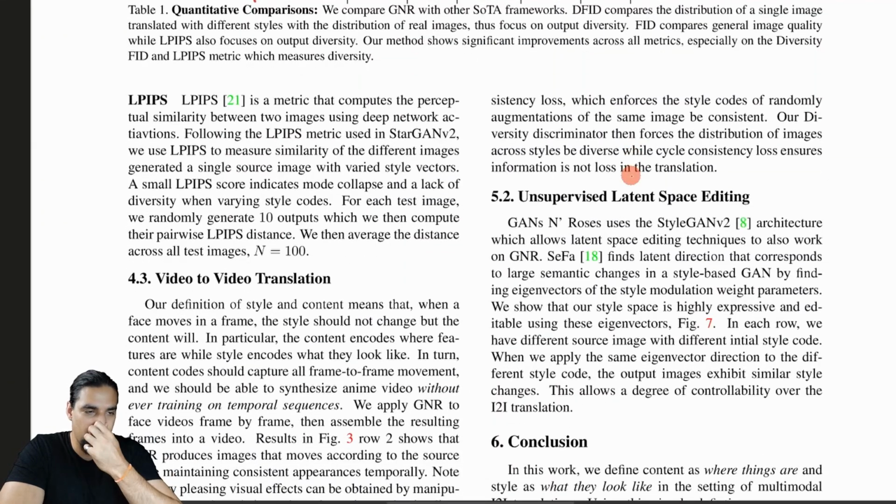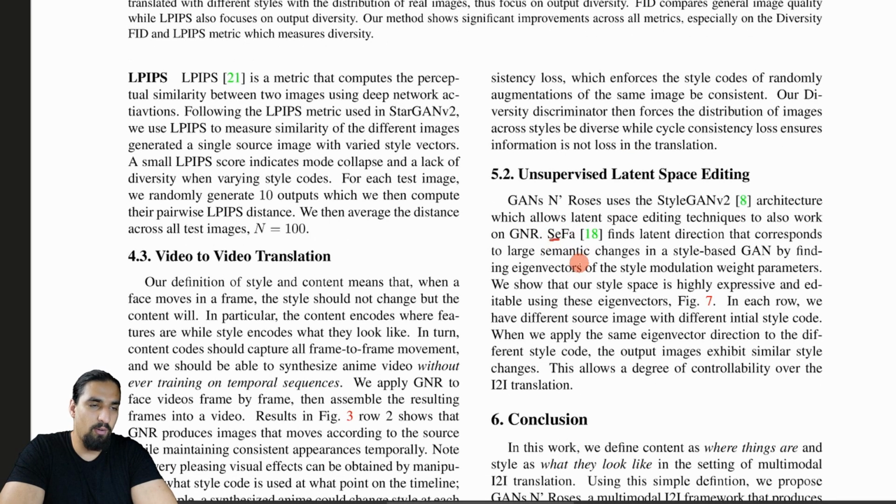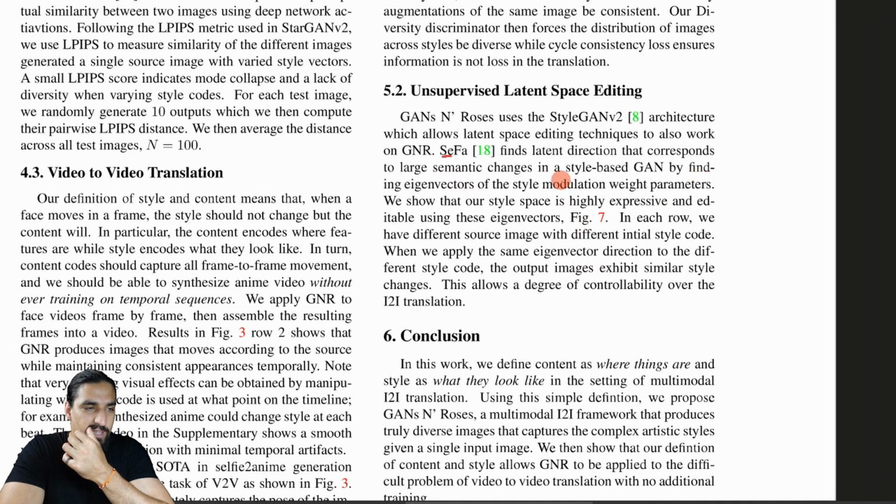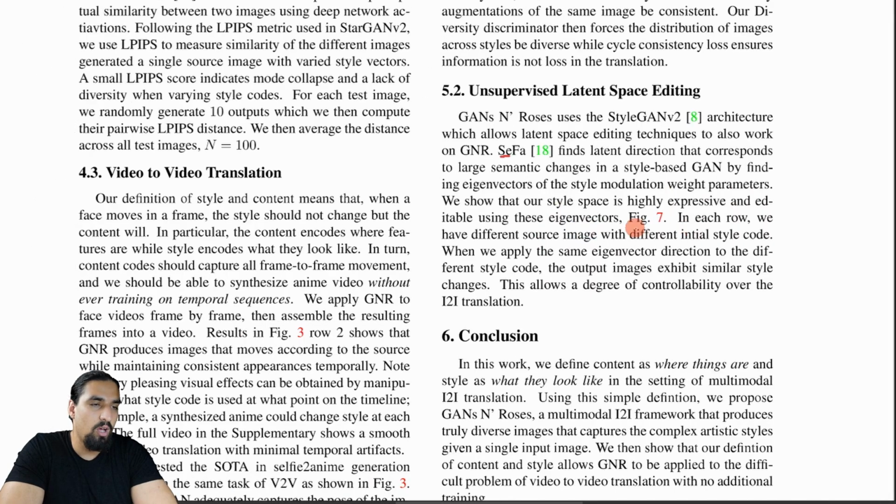They also have this other paper that created this technique called SeFa, and they say that SeFa finds latent directions that correspond to large semantic changes in a style-based GAN by finding eigenvectors of the style modulation weight parameters. We show that our style space is highly expressive and editable using these eigenvectors in figure 7.